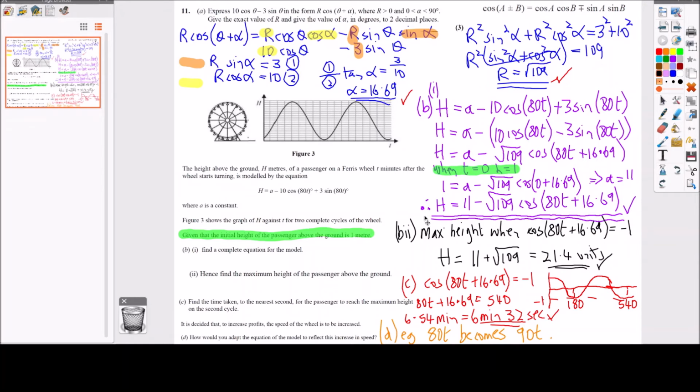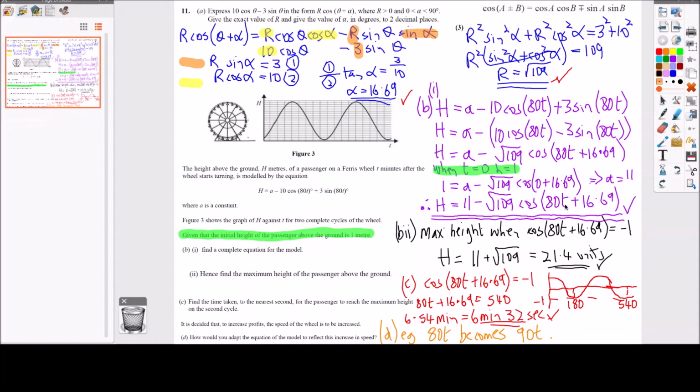So part B, part 2. Find the maximum height of the passengers above the ground. Now this bit's a bit trickier perhaps. Go back to our final answer for B part 1. We want to maximize the height. Now whenever we cos something, the values are going to be between -1 and +1. Now if we're wanting to maximize H, we want to be minusing the biggest minus possible.